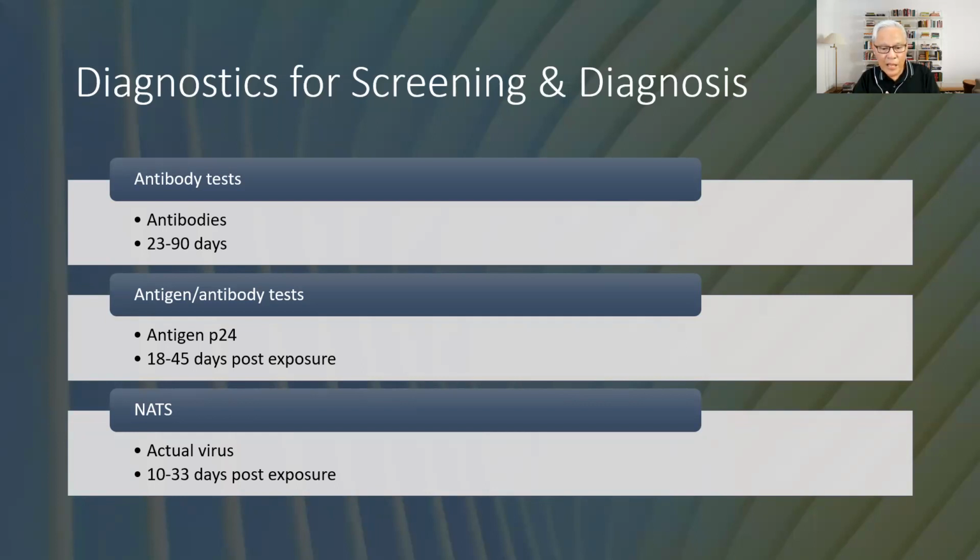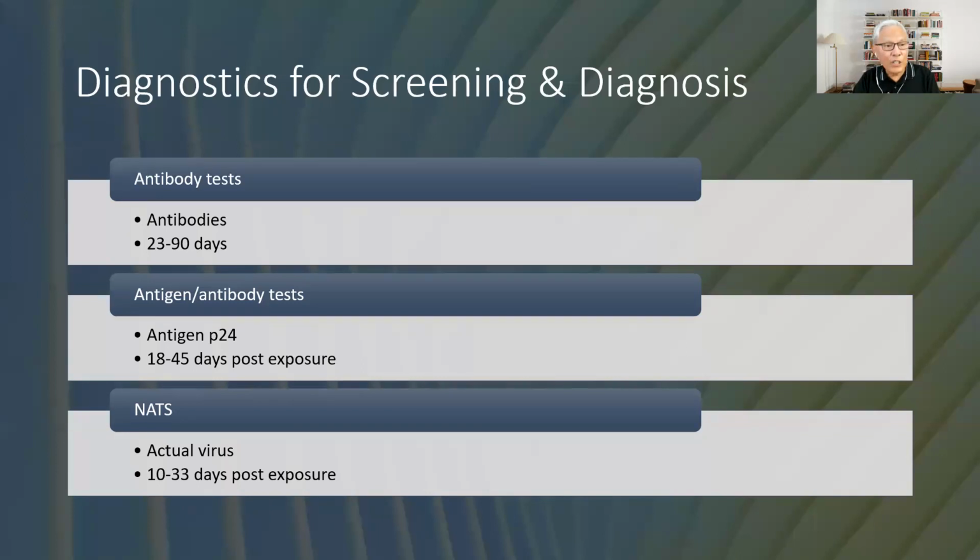All right. And the other thing is going to be the NATs. So NATs look for the actual virus in the blood. So this test should be considered for people who have had a recent exposure or a possible exposure with early symptoms of HIV.